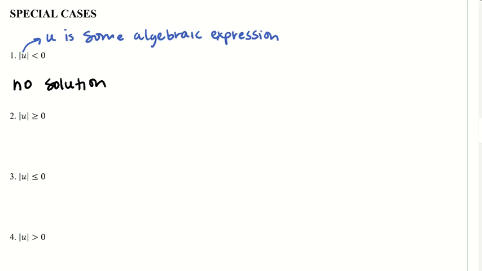What do we think about the absolute value of a thing is greater than or equal to 0? So if we think about anything, it's going to have an absolute value greater than or equal to 0. Okay, so u could be anything. So this would have a solution set of all real numbers.